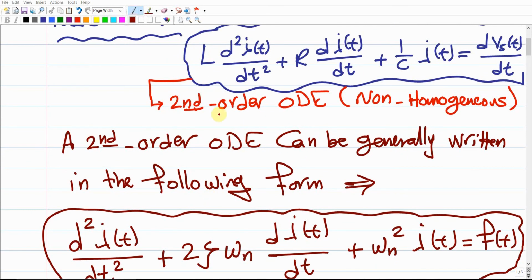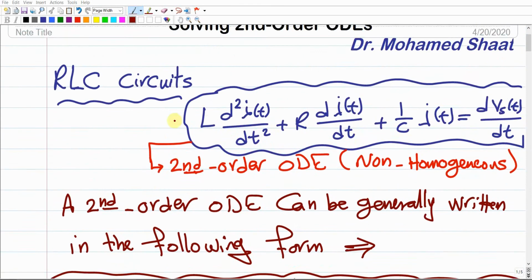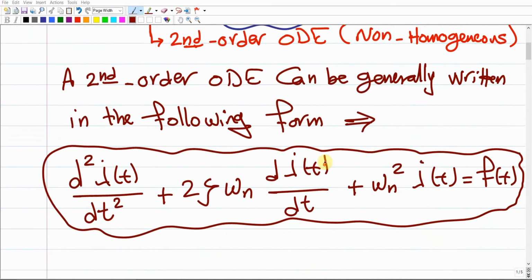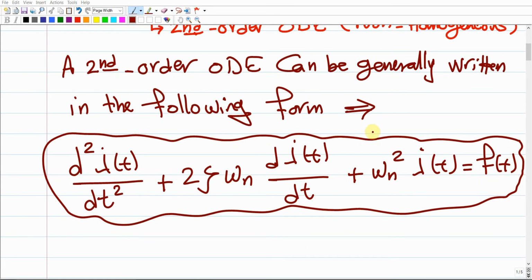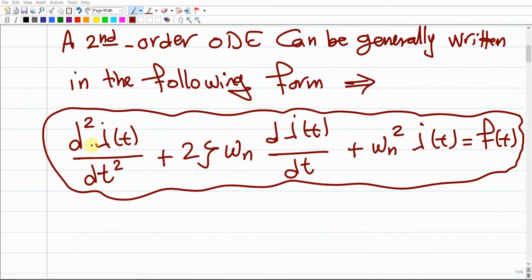So generally, how can we solve a second order ODE? Any second order ODE, whether for an electrical system or a mechanical system, generally speaking, mathematically, can be generated in the following form: the second order derivative of the unknown, which here is the current, plus 2 xi omega n times the first derivative. These are two parameters that we introduce so we can solve the second order ODE.